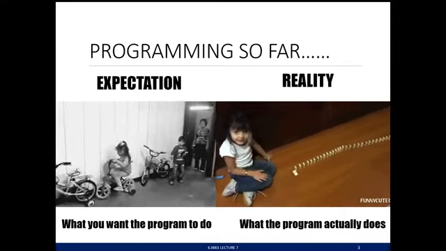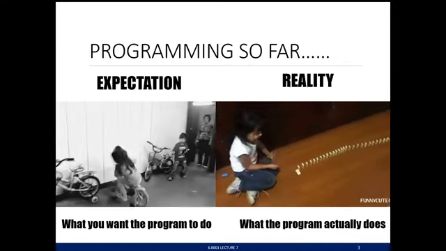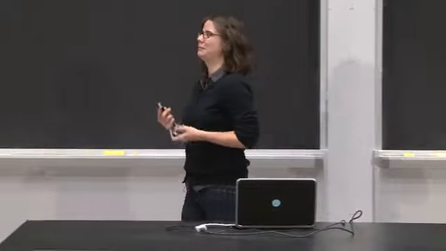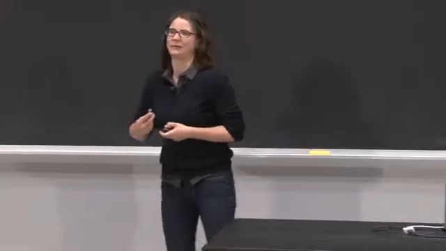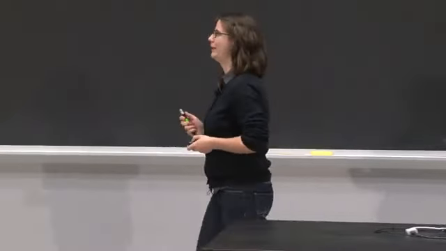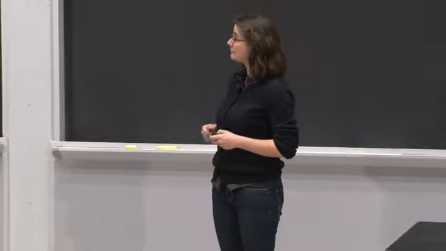It's happened to me many times. It's happened to you many times. That's the reality. Today's lecture will go over some tips and tricks on debugging and how you can make your life easier when you're writing programs, so you don't end up like this little girl here, disappointed beyond belief.